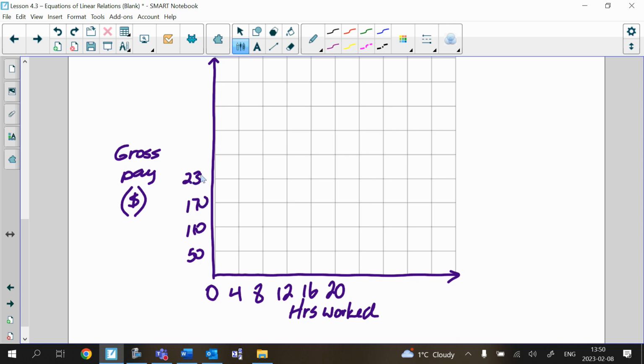So we could just change it like so. We go up by 50s. And we're going to have to estimate a little bit.